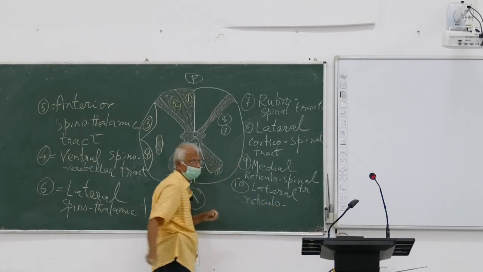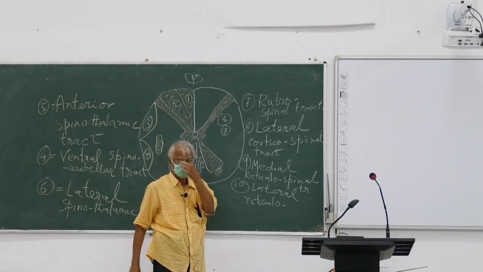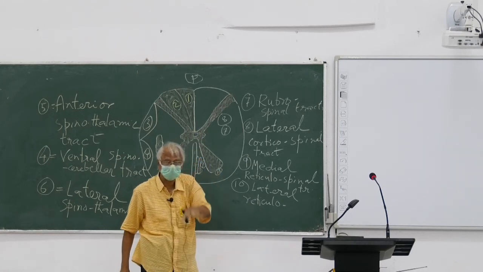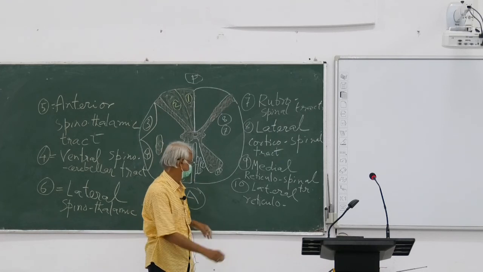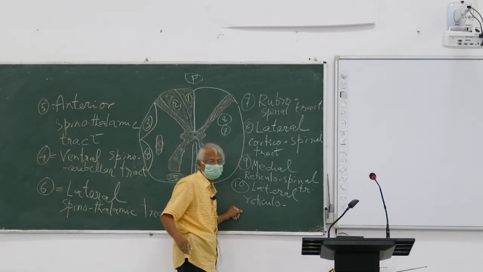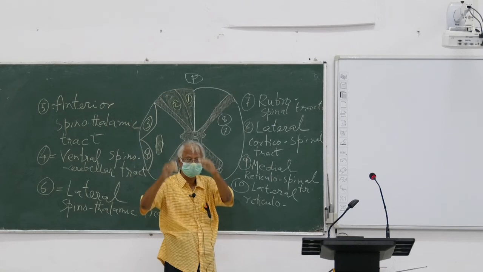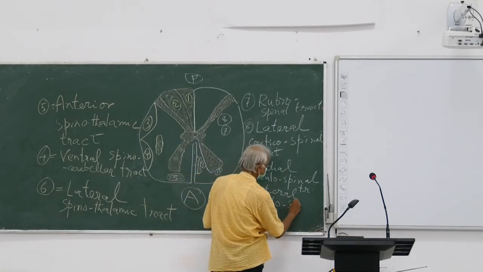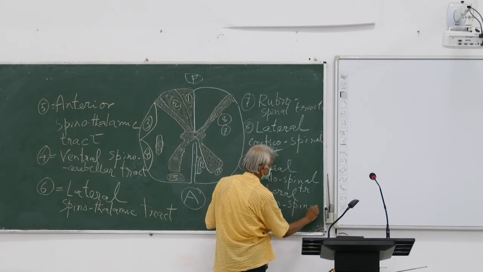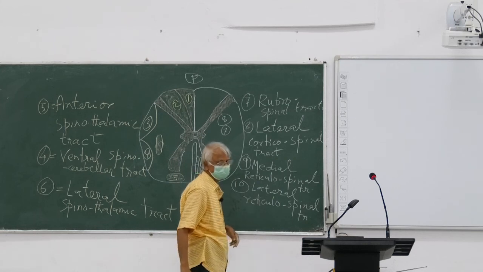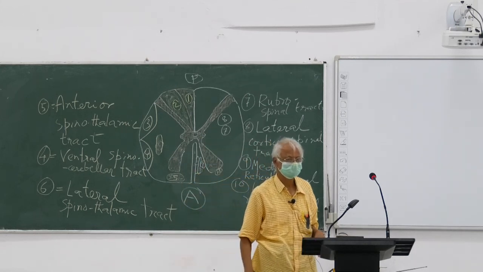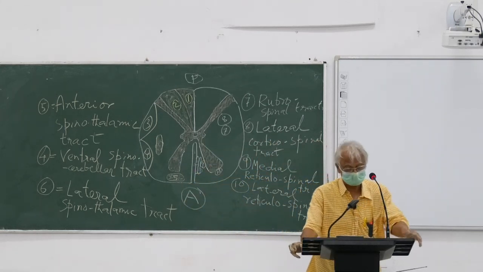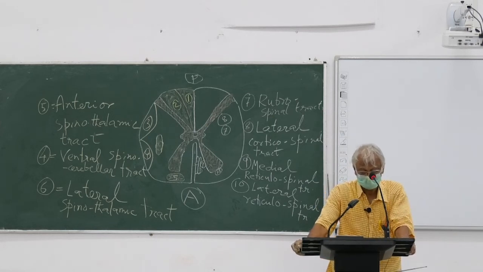From the reticular nuclei present throughout the brain stem, nerve fibers are coming downward, descending to the spinal cord. So medial reticulospinal tract and lateral reticulospinal tract.